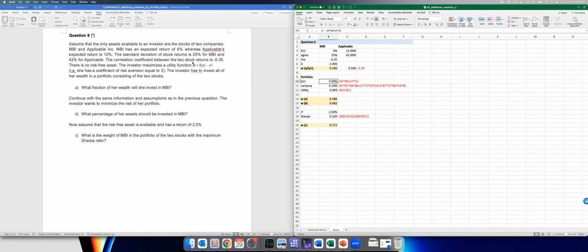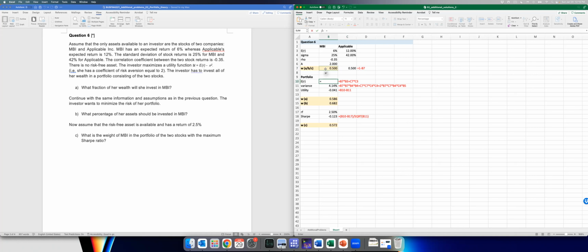Next, we want to maximize the utility level, which equals expected return minus variance. So we need to calculate expected return and variance first. Let's start with expected return. Expected return equals the portfolio weighted sum of individual assets' expected returns.